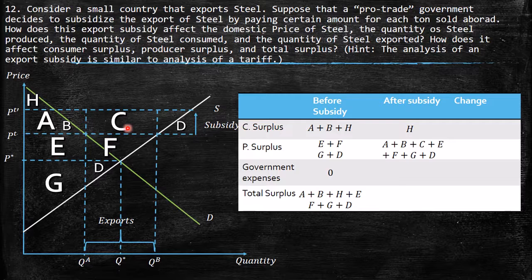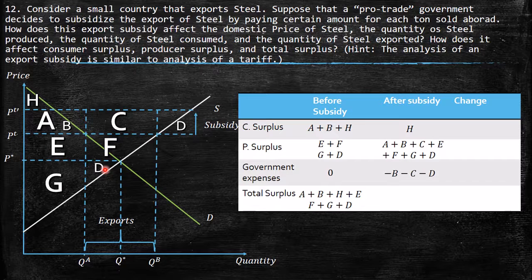Because remember, each ton sold abroad is given a subsidy by the government. This whole rectangle is a new part of the subsidy. So it's going to be C plus E plus F plus G plus D.